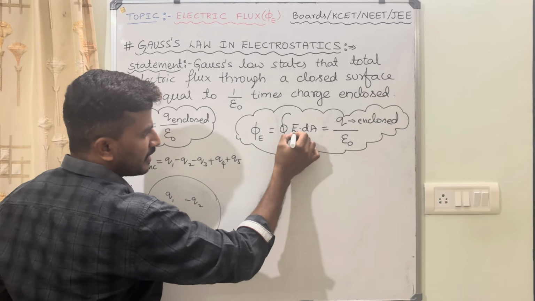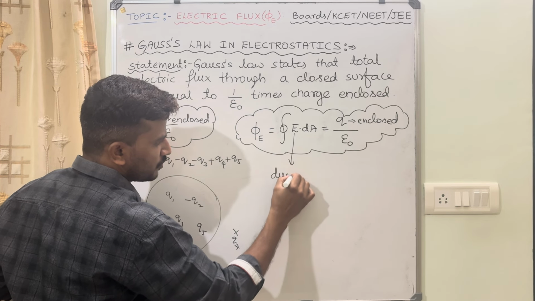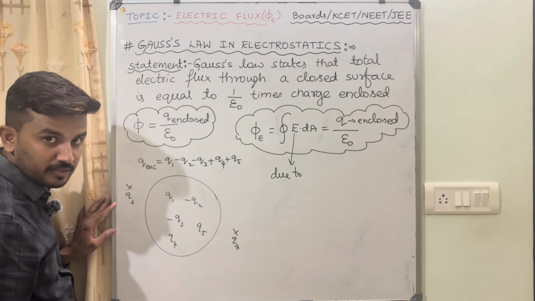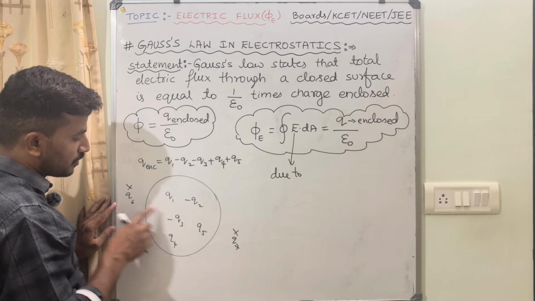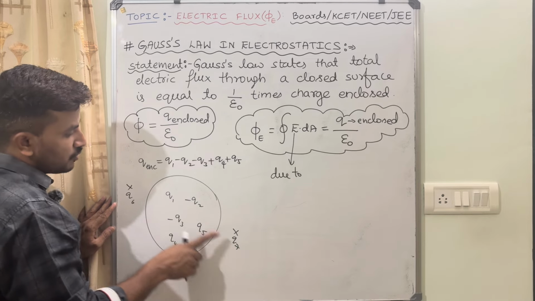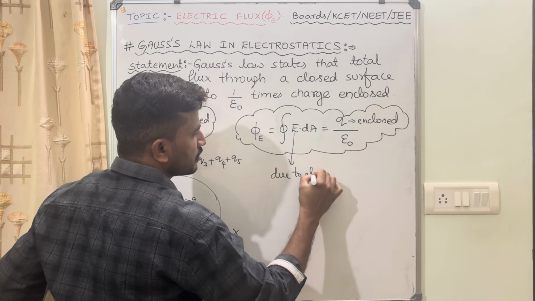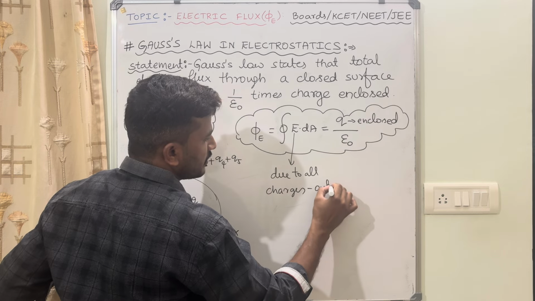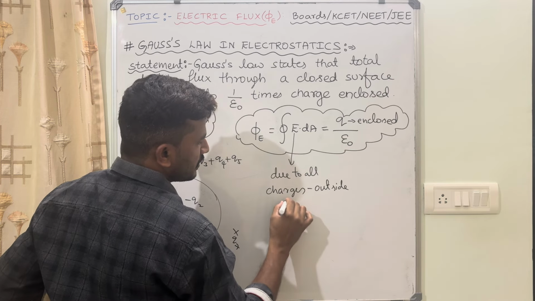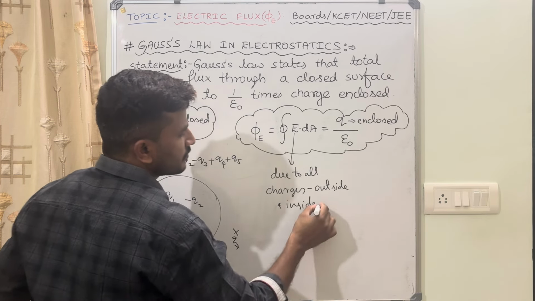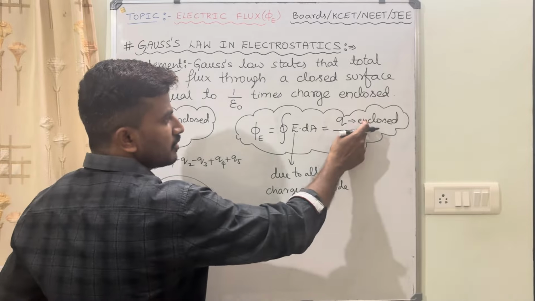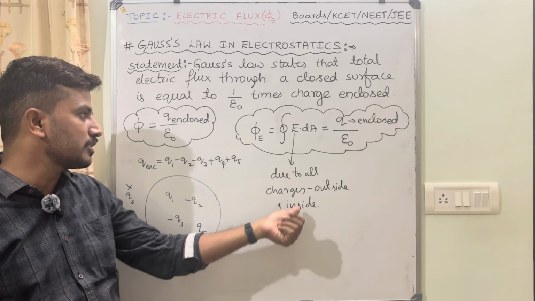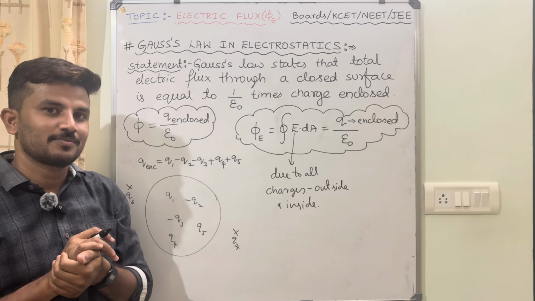This electric field is due to all these charges, even including Q6 and Q7, due to all charges, outside as well as inside. But Q enclosed is only for enclosed charges. Look at the same formula: this depends on all the charges, this depends on only enclosed charges.